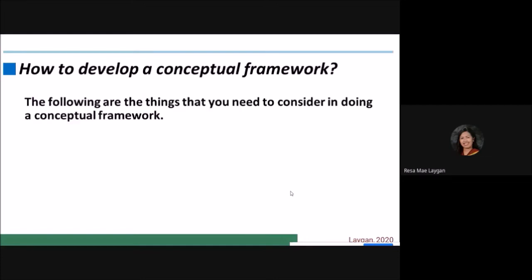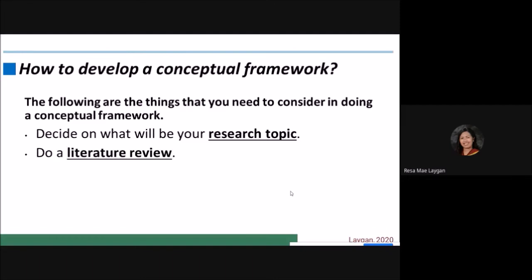So the following are the things that you need to consider in doing a conceptual framework. You have to decide on your research topic, and you have to do literature reviews, especially of research journals or existing researches.